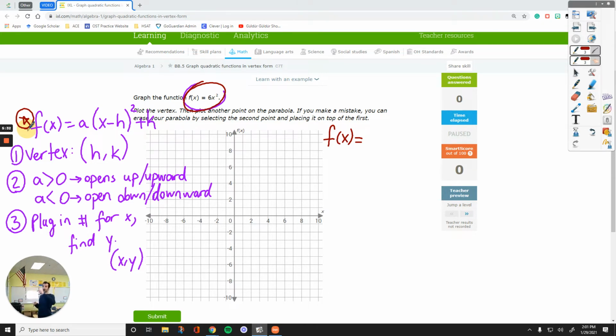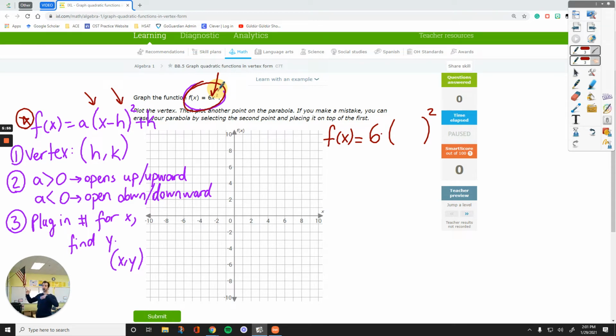It starts with a. What's that number in the question? That number is 6. So it is 6 times, and then in the general form I have this set of parentheses. Let's just put that, and then the whole thing is squared. But looking at what I have in the question, I just have x in the base of that 2.